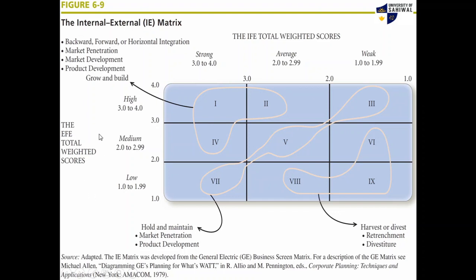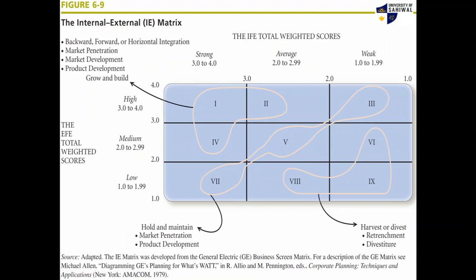Mostly it is preferred that the EFE matrix is taken on the x-axis, and the IFE total weighted score is taken over the y-axis. So it's up to you. You can either take the IFE total weighted score on the x-axis and the EFE total weighted score over the y-axis. It's up to you.